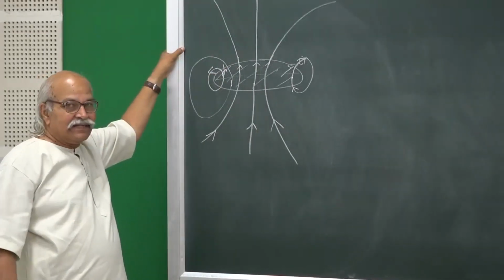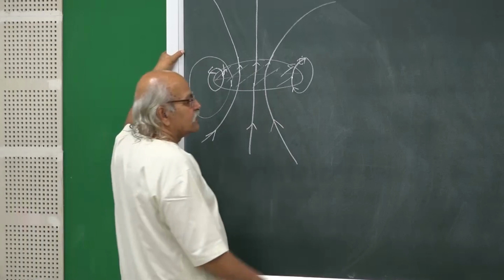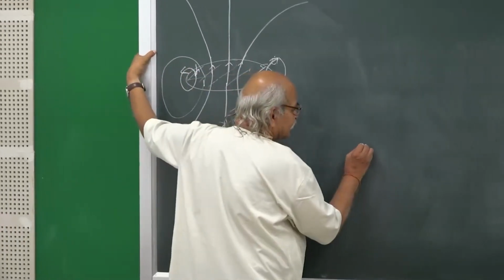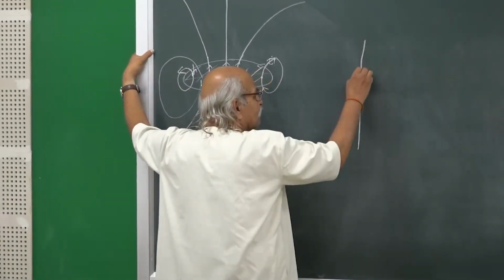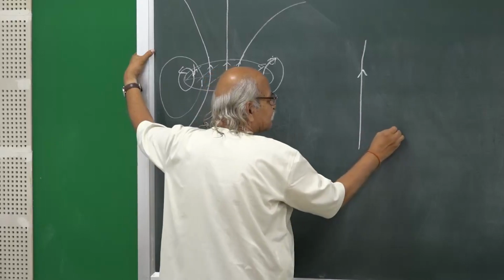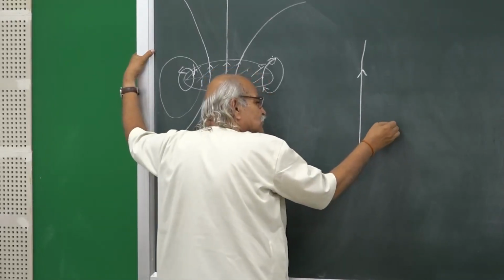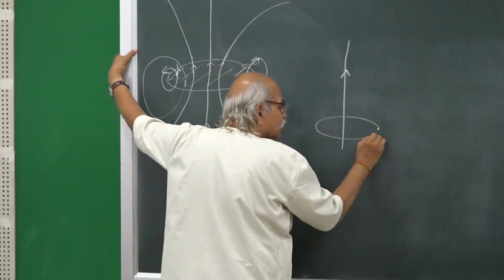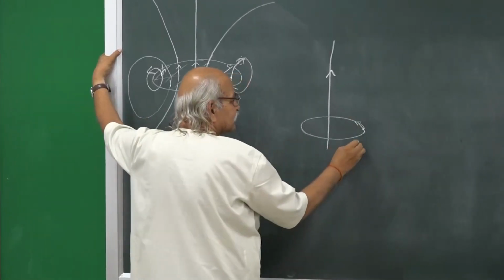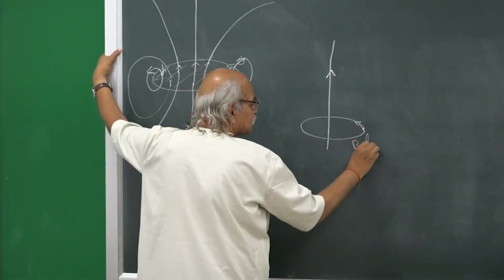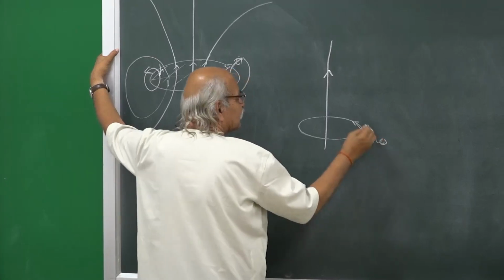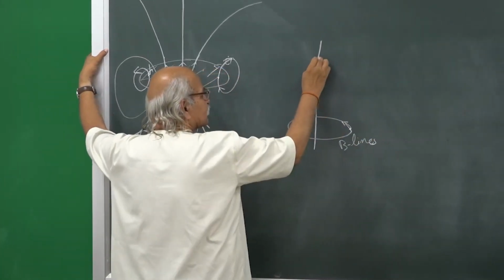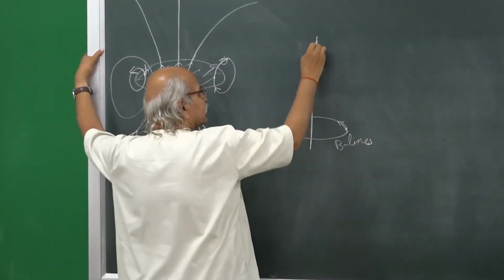Now, interestingly, we had seen that if the current is in z direction, the magnetic field is in phi direction. So, the magnetic field lines, if you draw, will be like this. These are B lines, and here we are telling that this is the current.